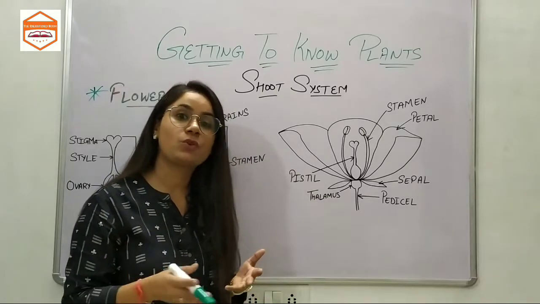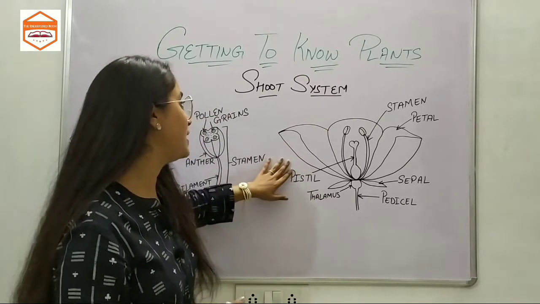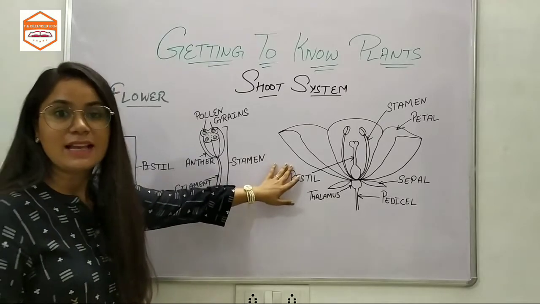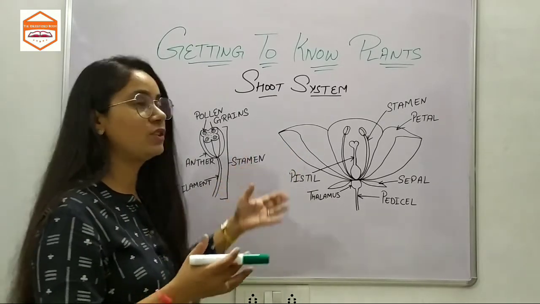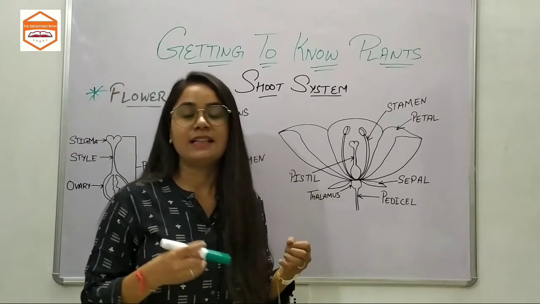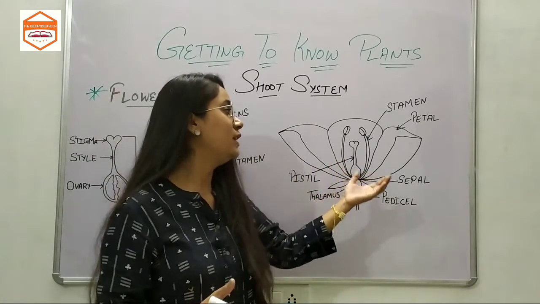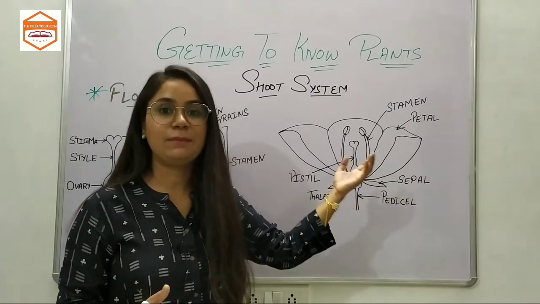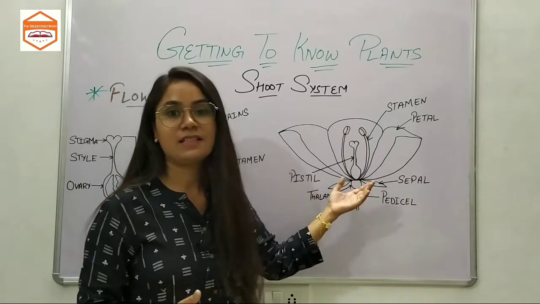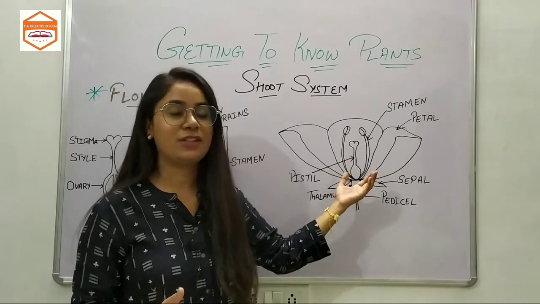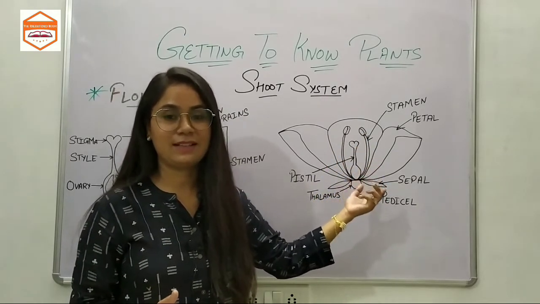Even there is a black rose in nature. Every petal has its own color and each color is very bright and it is for the attraction of insects. The insects get attracted to the fragrance and the color of the petals, and then they come to the flower to collect nectar.